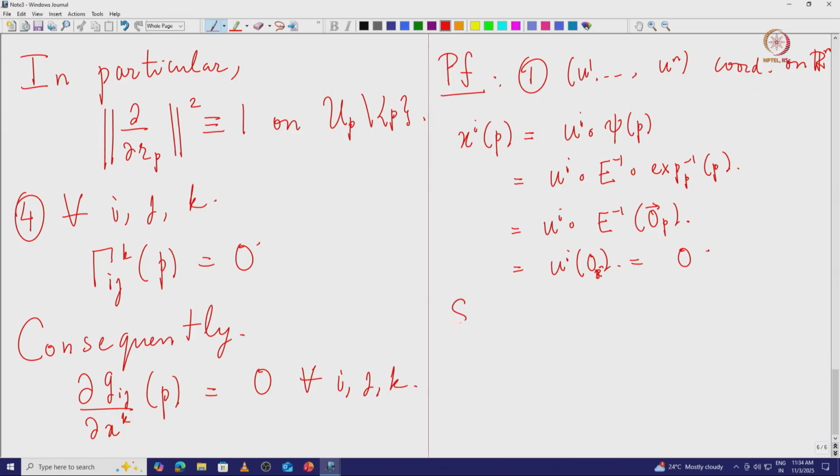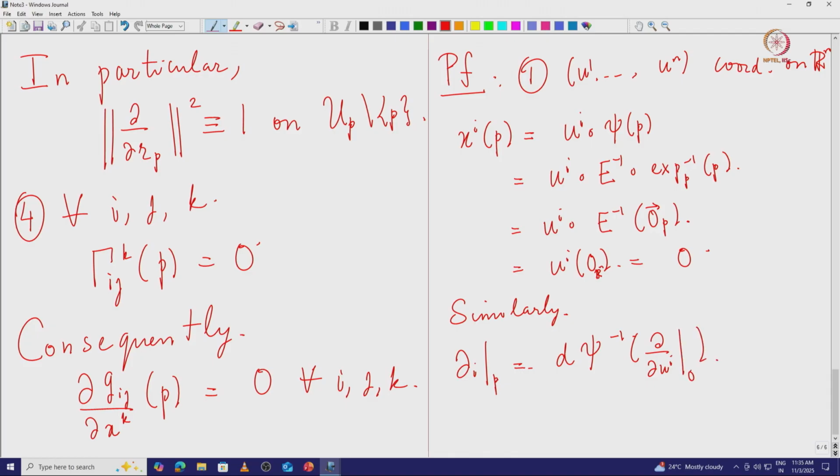Similarly, by definition, what is the standard basis vector? Well, that is just the image under the inverse of psi of the standard basis vectors in Rn, at 0.